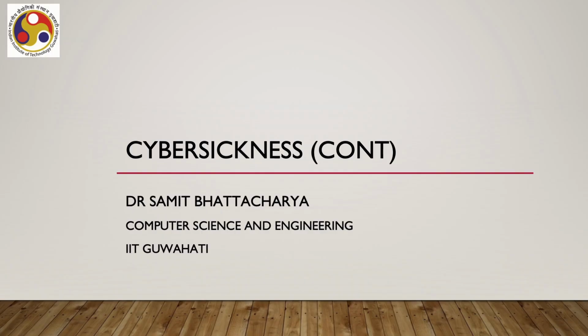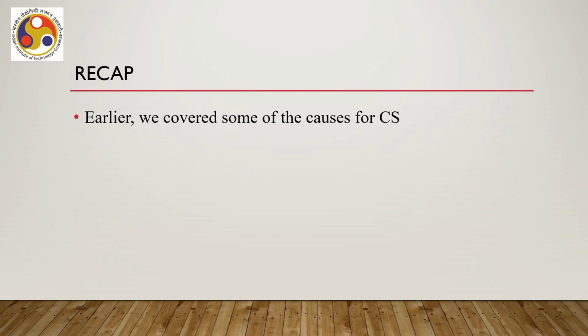We are currently discussing cybersickness as part of lecture 6. So, we will continue our discussion on cybersickness. In the previous part of the lecture, we partly talked about the causes. We covered a few factors that fall under two categories.